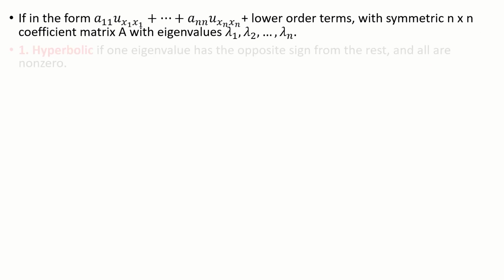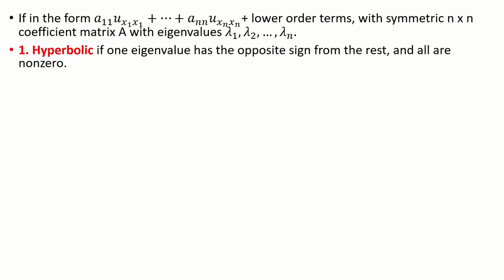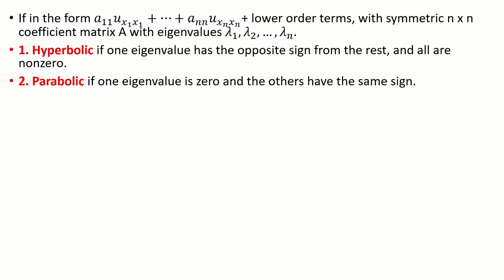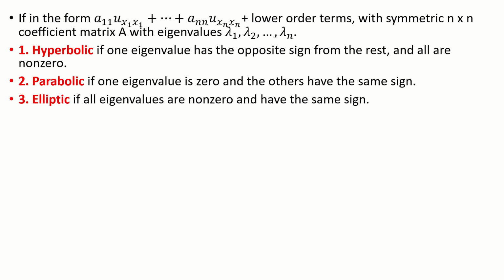We say that a PDE is hyperbolic if one eigenvalue has the opposite sign from the rest and all of them are non-zero. We say a PDE is parabolic if one eigenvalue is 0 and the others have the same sign. We say a PDE is elliptic if all eigenvalues are non-zero and have the same sign.